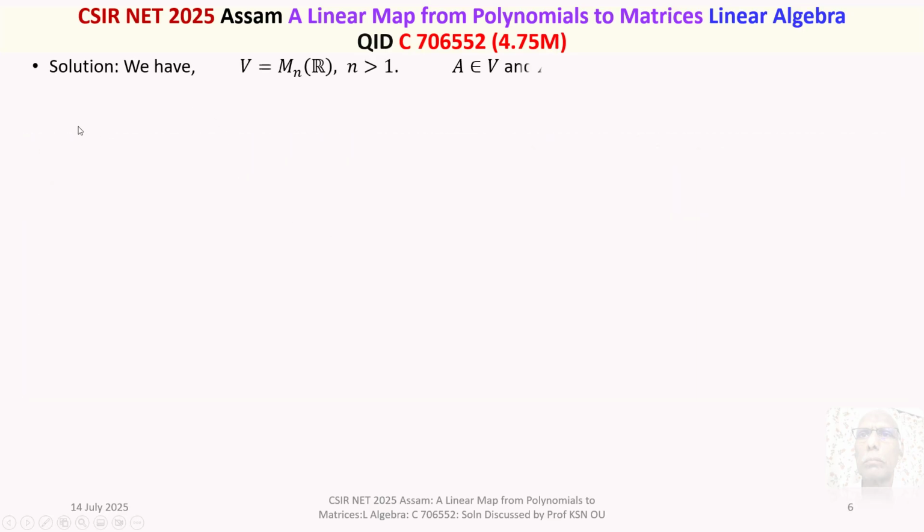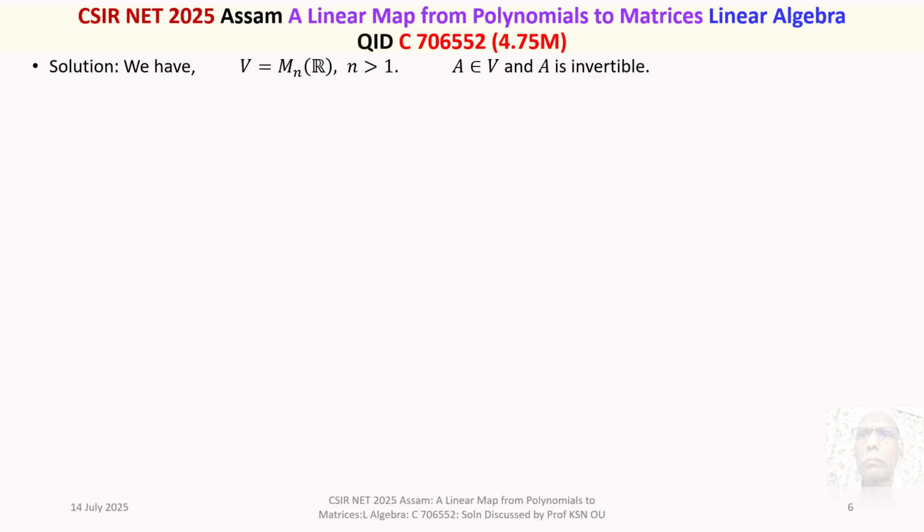Let's now get into the solutions. We have V, an R vector space of all n by n matrices where n is greater than 1. V is equal to M_n(R), n greater than 1. A belongs to V and A is invertible.